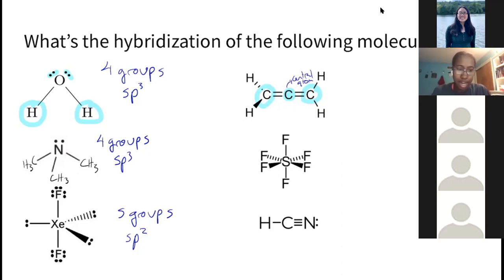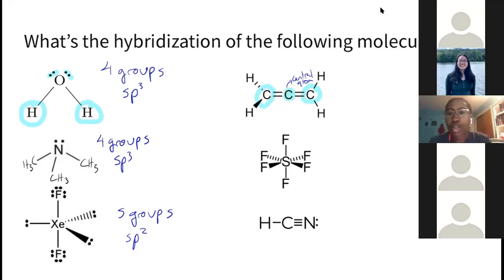Well, when we're looking to count the number of groups, yes, there definitely are a lot of differences between the structure of single bonds and double bonds. But when we're thinking about how many groups there are, we're just looking at how many things the central atom is connected to. If this were a triple bond, there would still be 2 different groups connected to the carbon, regardless of what type of bonds these were. Does that answer your question? Yeah, thank you.